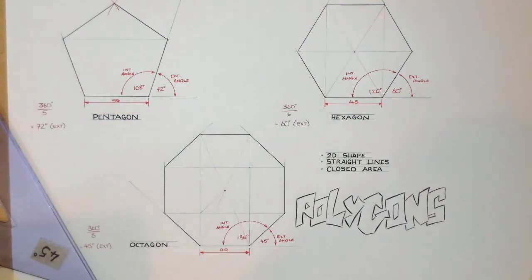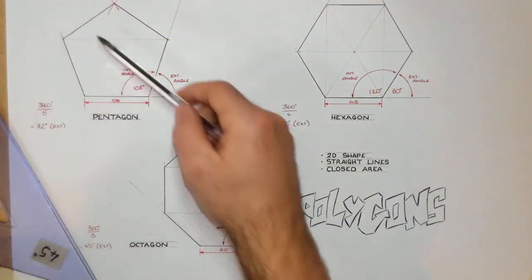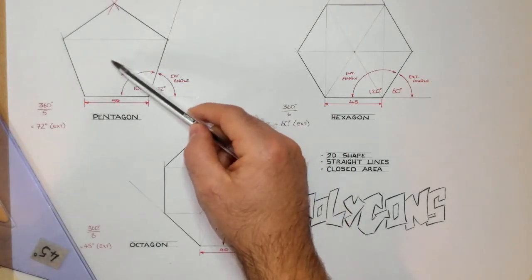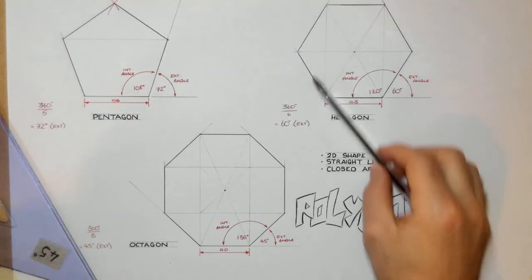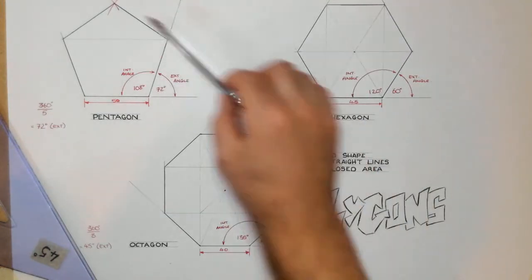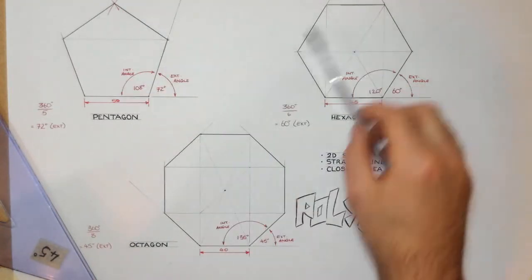So to get the center of my pentagon, I'm going to bisect any two of the interior angles, and that should help me actually find it. The reason it doesn't work out as neat or as easily as these two is because it is an odd-sided figure. It's got 5 sides whereas these had 6 and 8.